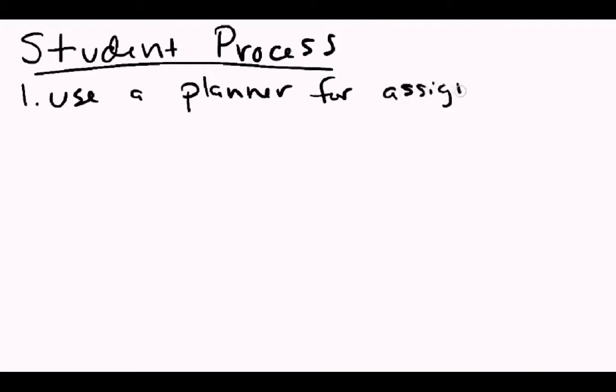But things that you should do as a student are things like use a planner, either a calendar or some sort of electronic or paper planner, to keep track of assignments and dates where things are going to happen. That's kind of why we give you a syllabus in the beginning of the semester: we want you to be able to plan ahead and know what to expect is coming up in class.